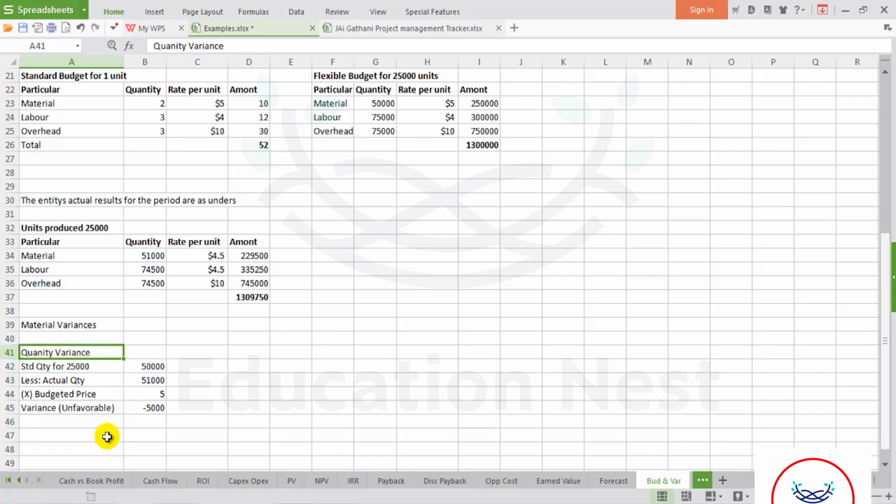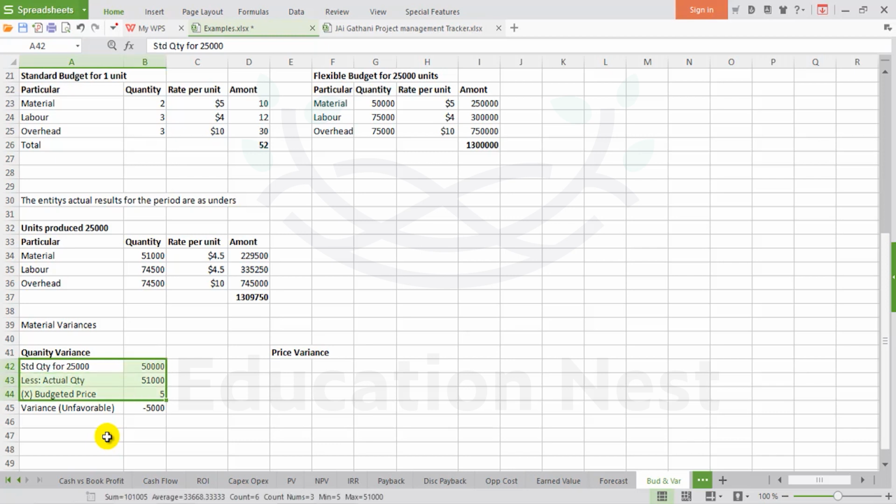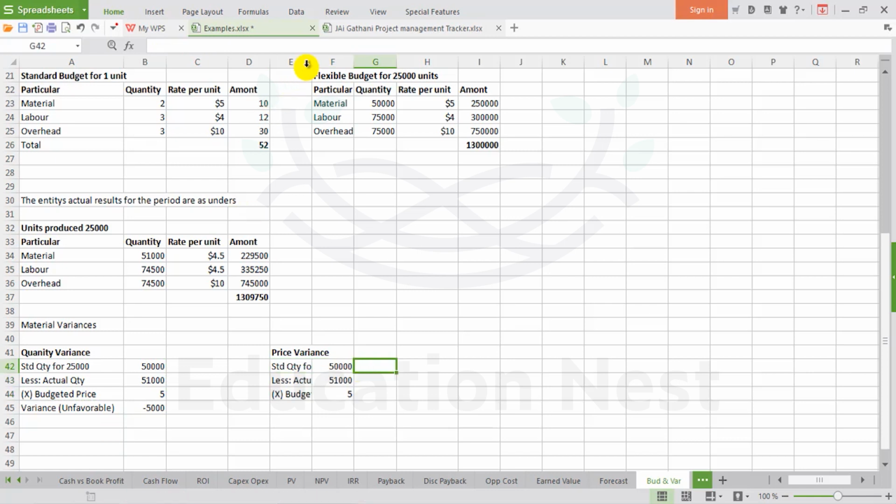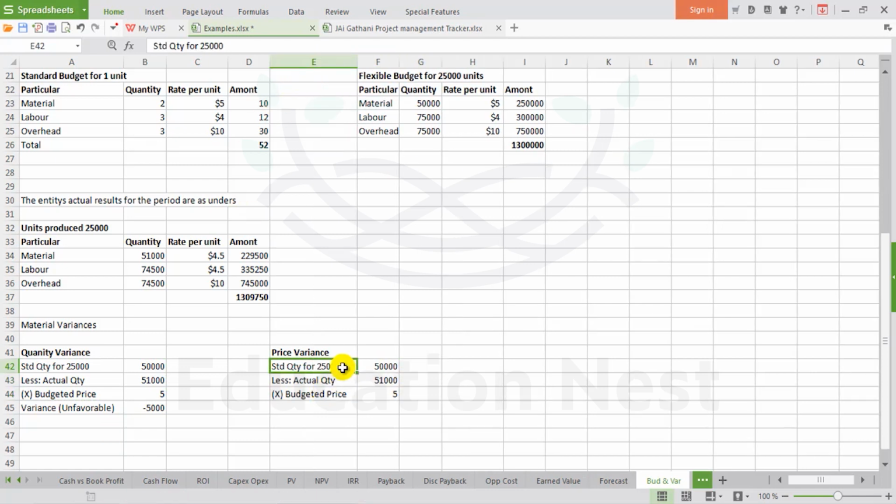Now we're going to compute the price variance for the materials, okay? I'm using the same template over here. Kind of makes it easy. Now standard price for 1 unit was supposed to be $5.